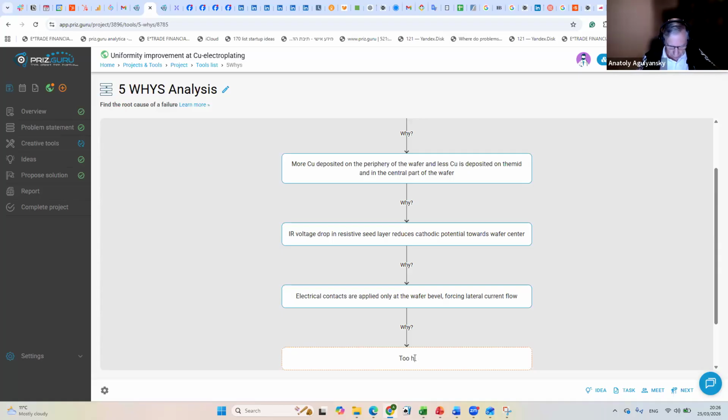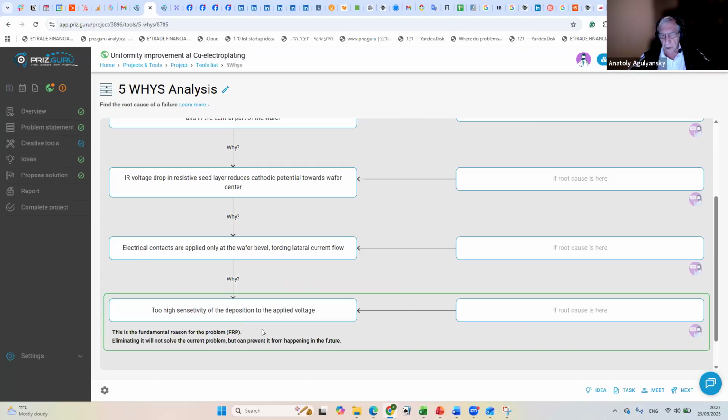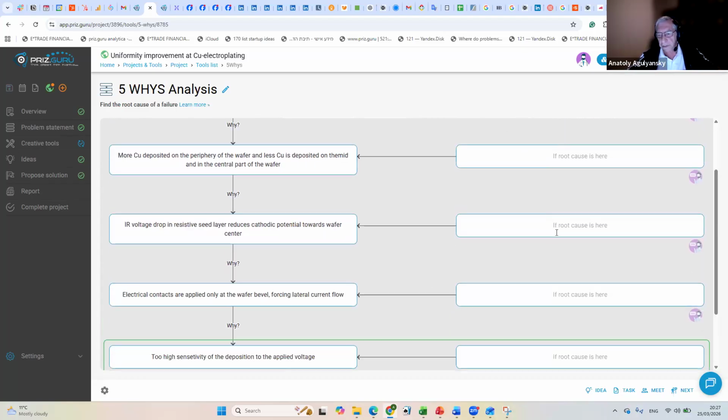Too high sensitivity of the deposition to the applied voltage. All right, and I can mark it as a fundamental reason for the problem, and I have these additional fields to think about solutions.